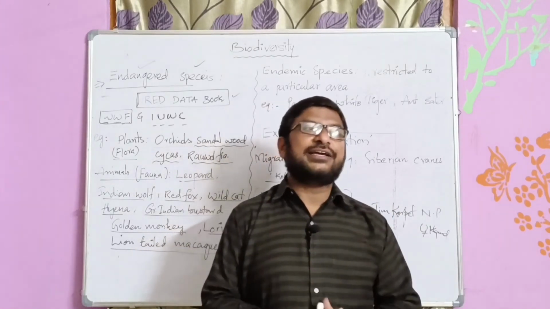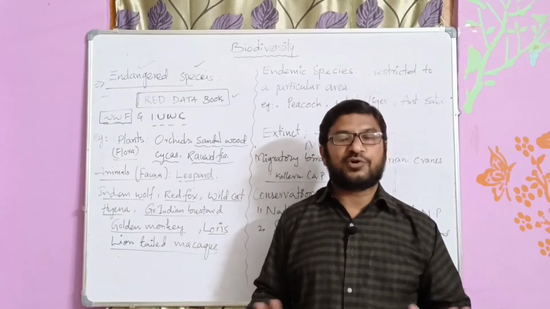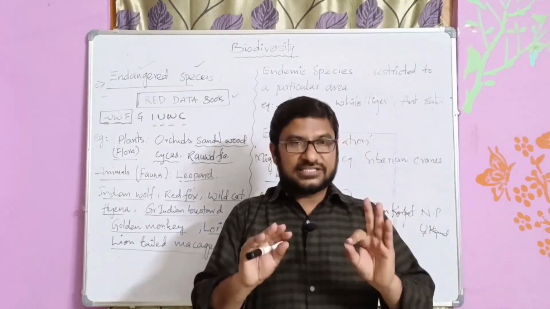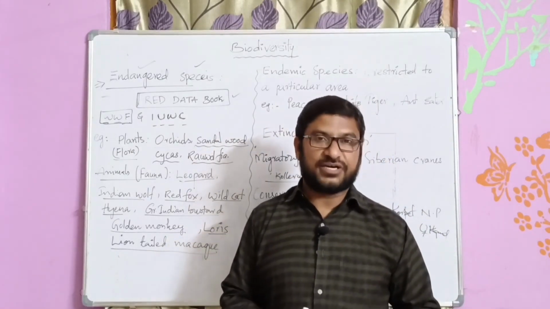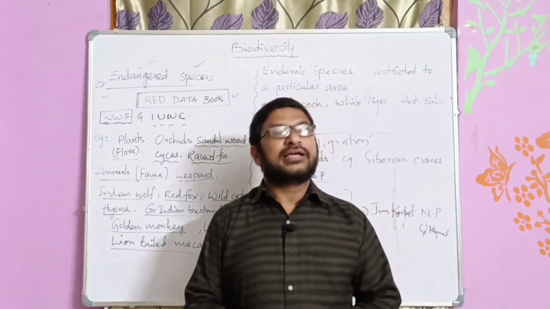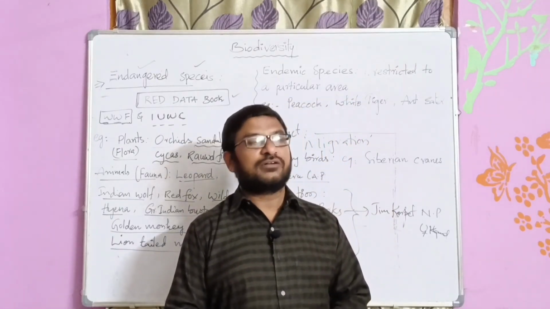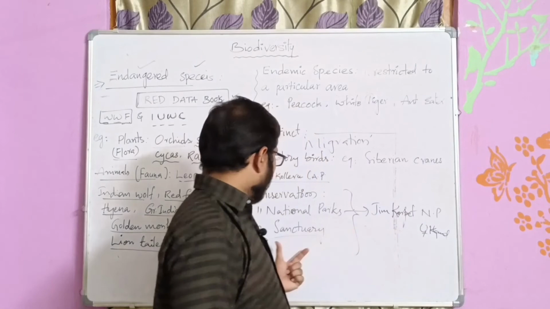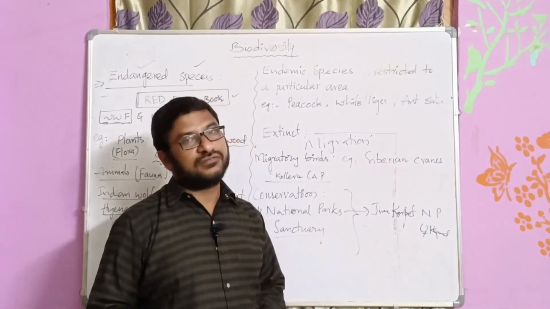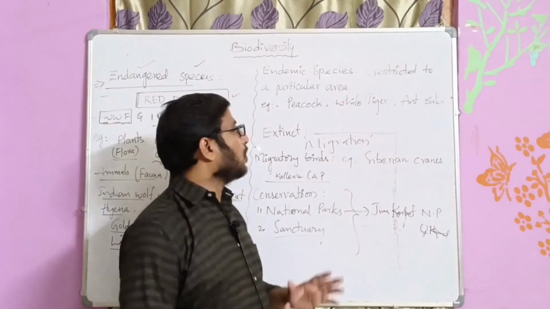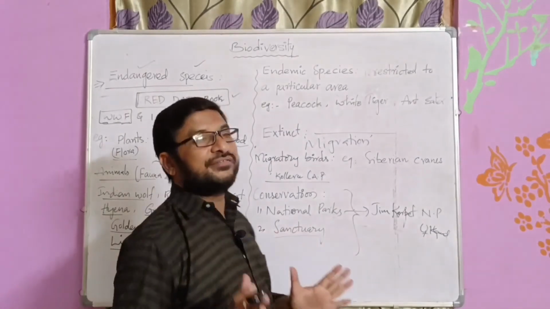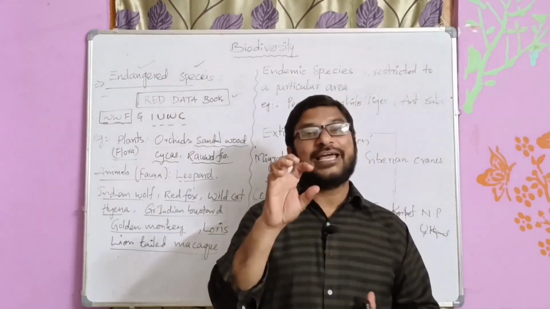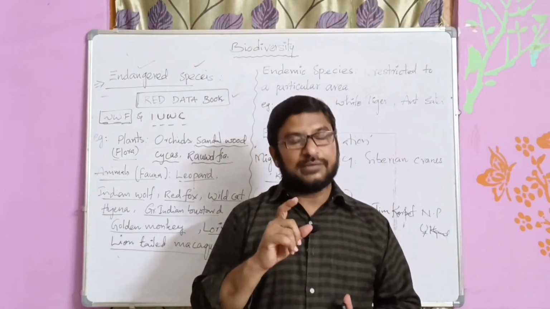Hunting is prohibited, and only some human intervention is accepted, and grazing of cattle is also accepted. But finally, it is meant for conservation of living organisms. So this is about the biodiversity which is present in the 8th class syllabus.